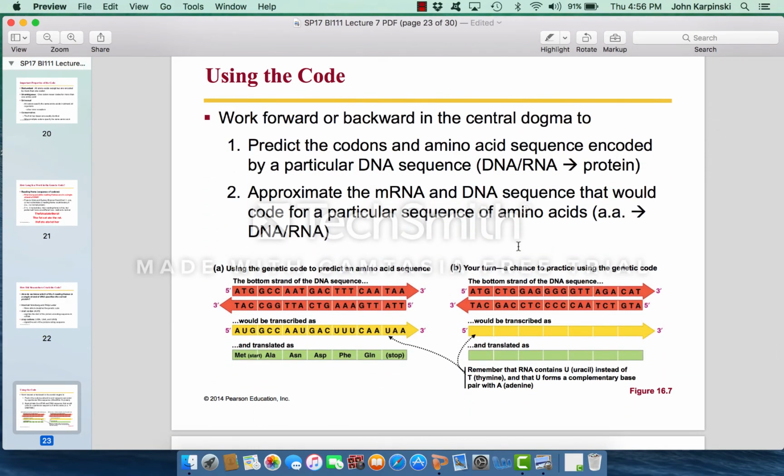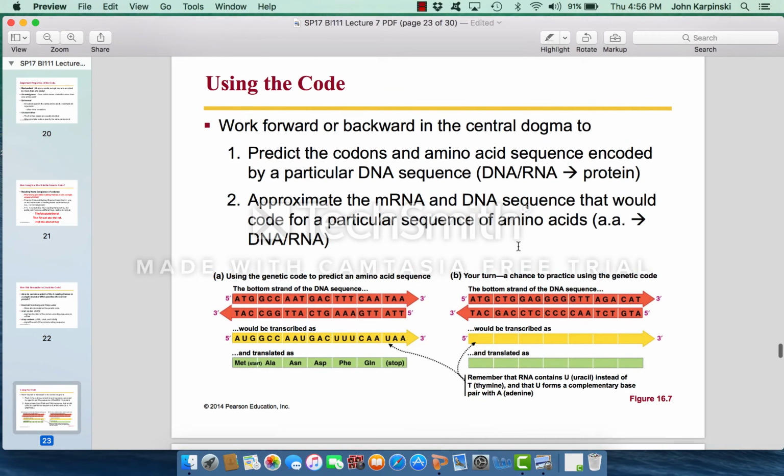This slide, I don't want to get into too much detail here, but one of the things that you'll have to do on your second exam is you'll be given a sequence of DNA like this. And from that sequence, you'll have to predict the messenger RNA and predict the protein product. Here on the right, they say that you can actually go backwards, but basically what you're going to see on the test, and we'll go over an example, especially in discussion with your discussion leader, is that based off of this DNA, you'll learn how to predict what RNA will look like, and then you'll predict what the protein product will be.